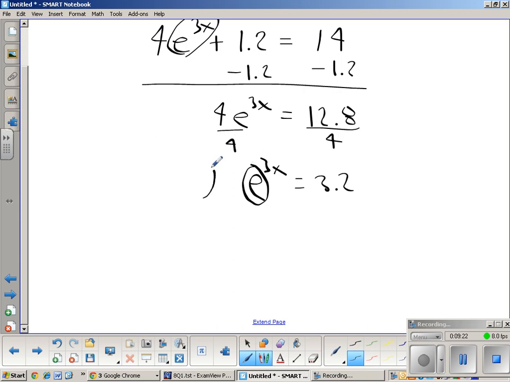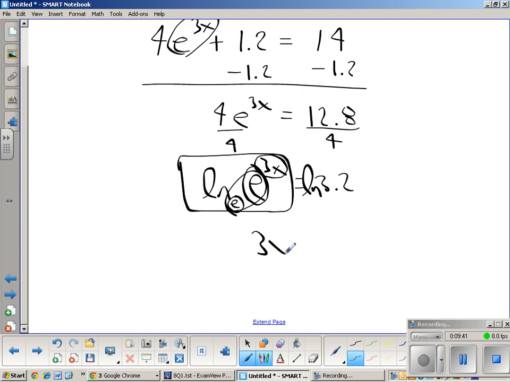So if I natural log both sides, what's the base here? Understood to be an e. Remember, whenever the base and that number are the same, the value of the whole log is equal to the exponent. So all this is 3x equals natural log of 3.2.